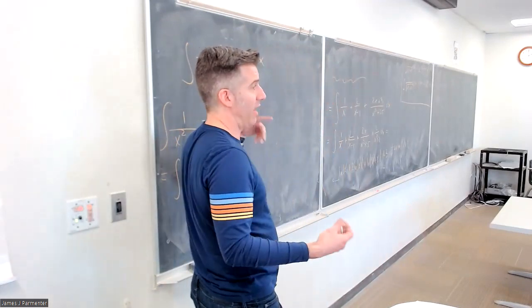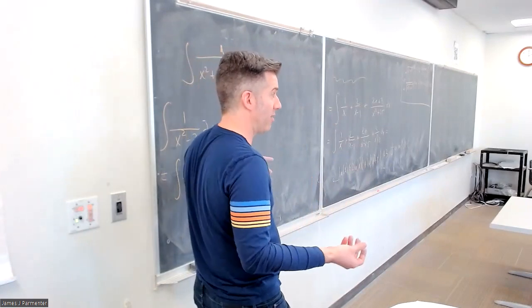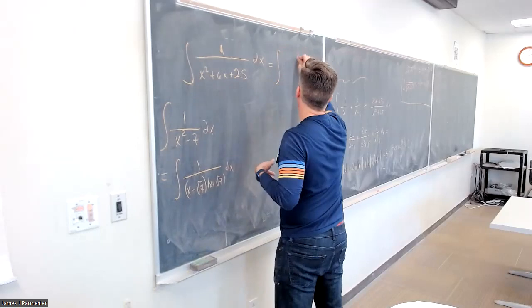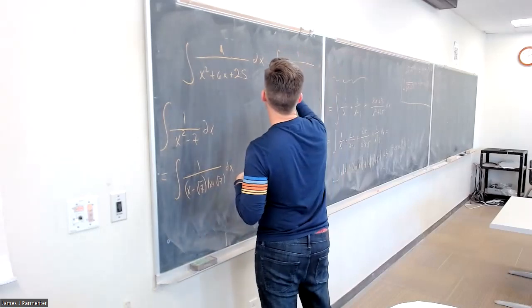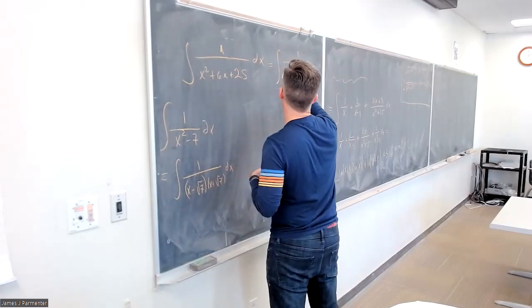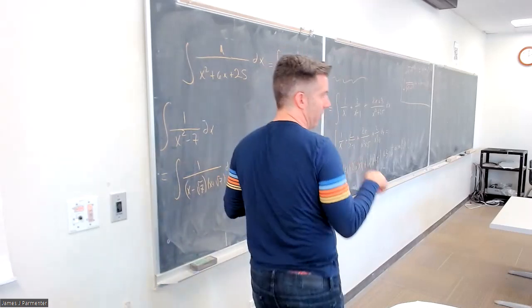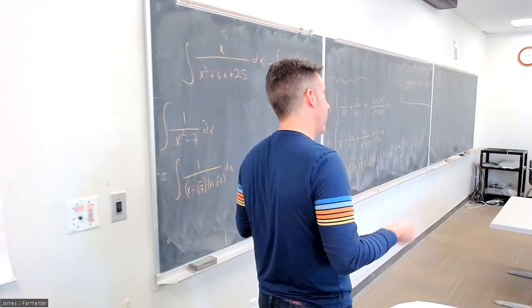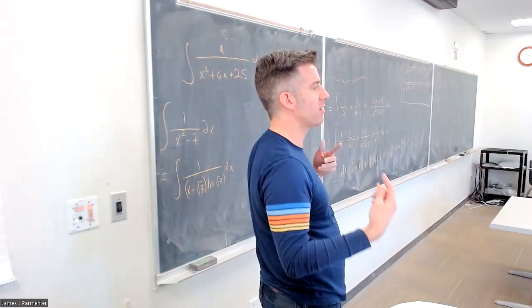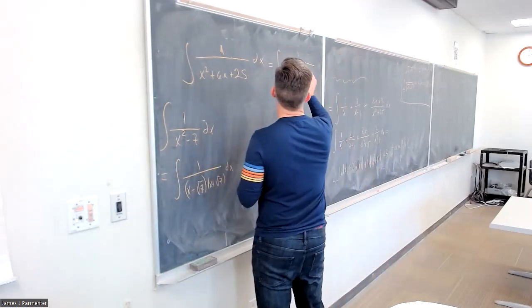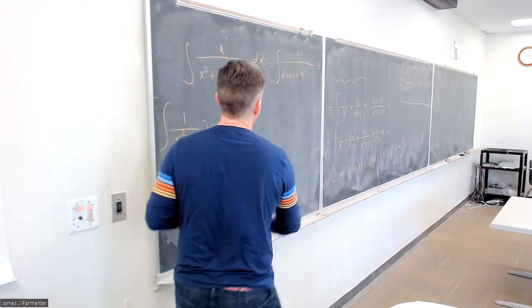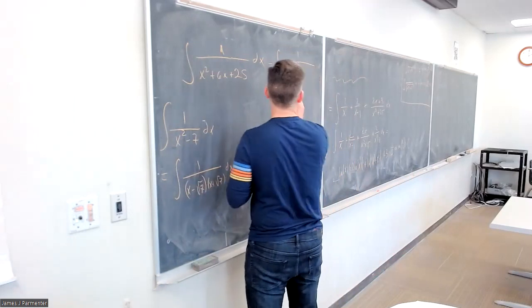So the problem is, if that's the situation, you have to complete the square. I'm going to rewrite this as the integral of 1 over x squared plus 6x plus, what's going to complete the square for me there? Divided by 2 is 3, 3 squared is 9. That completes the square. I'm not done, but what's x squared plus 6x plus 9 factor as?